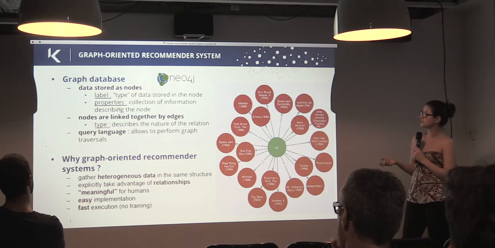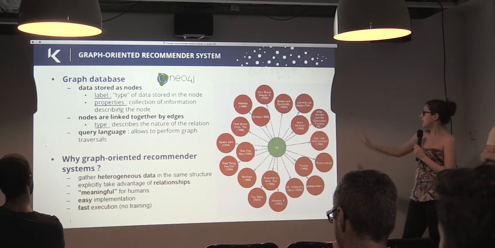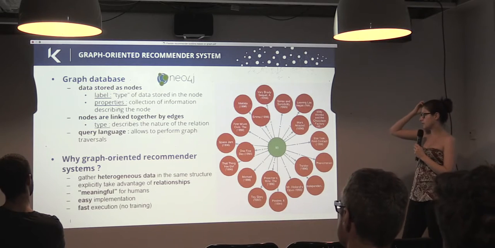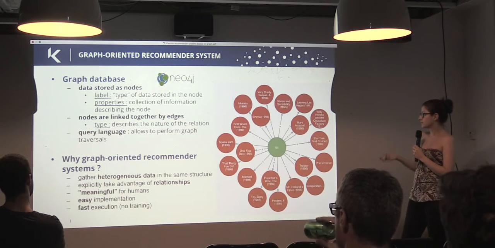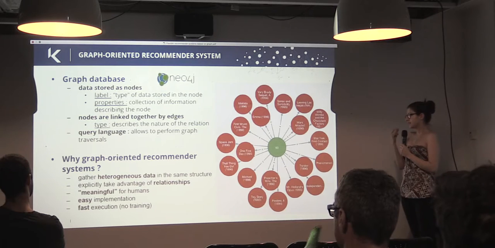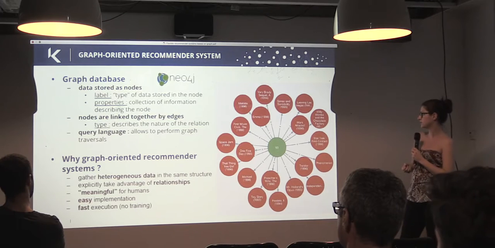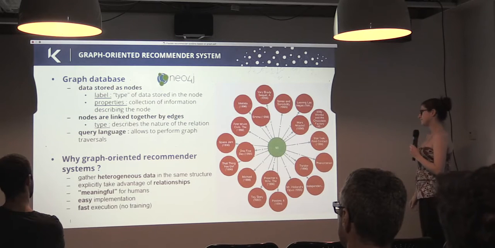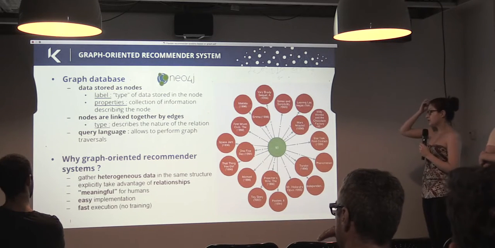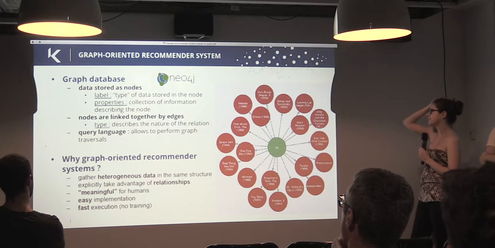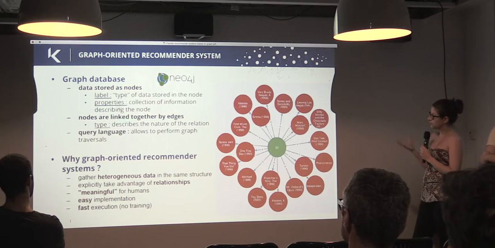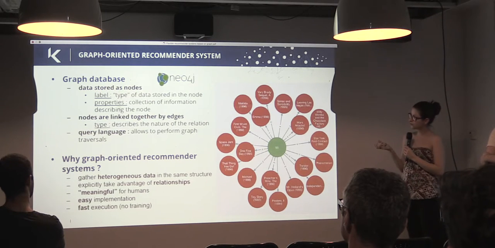So why do we build graph-oriented recommender systems? As you can see, those databases allow gathering heterogeneous data in the same structure, and on top of that, they allow us to explicitly take advantage of the relationships between data, which can be useful for the purpose of recommendation. I will show you later that these recommender systems can be meaningful for humans, that is to say, they are prone to interpretation.